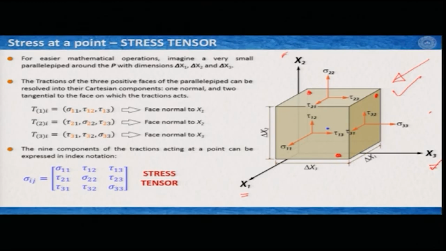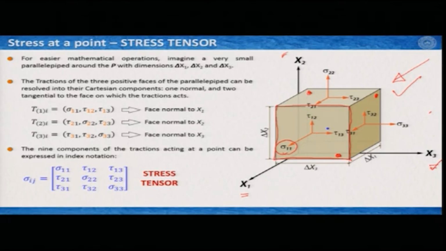For the normal stress, if we consider this plane which is perpendicular to x1, the normal stress on this plane would be directed along the x1 direction, which in this case is sigma 1 1. Now, the shear stress we can resolve into 2 different components, because one would go along the x2 direction and one would go towards the x3 direction.